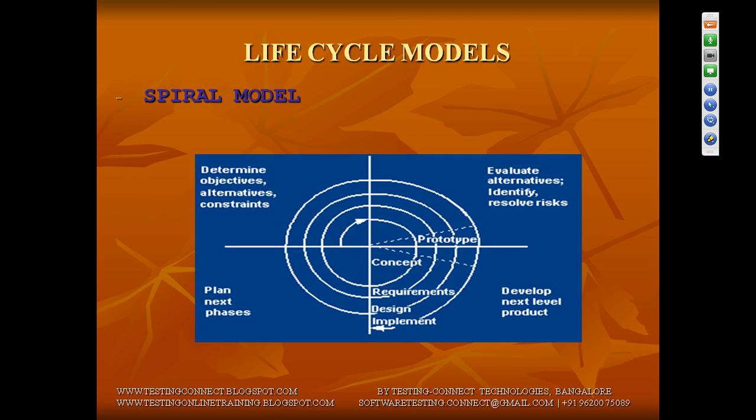The spiral model, RAD, which means rapid application development model, and the prototype model. These models nowadays nobody is using. During the starting days of the IT industry, people were using them, and nowadays nobody is using them. So you can say they are expired models, but you should be aware of what is what exactly.